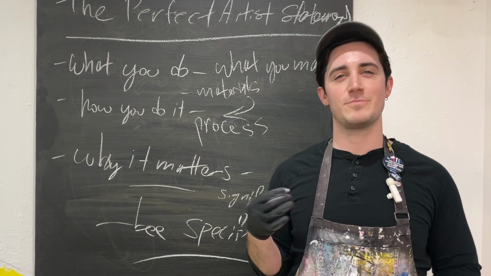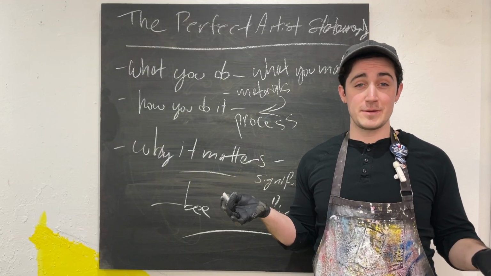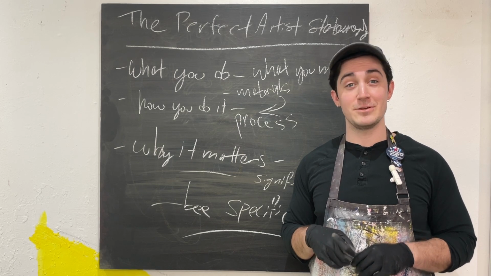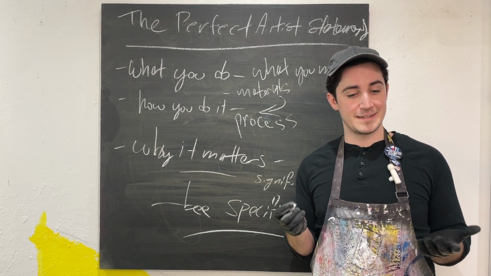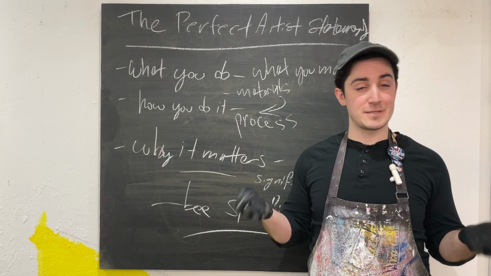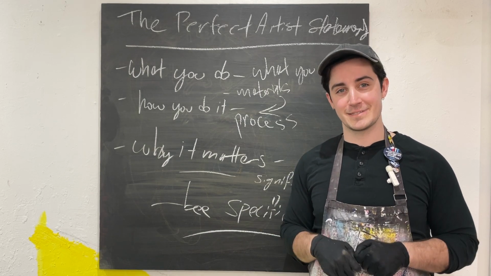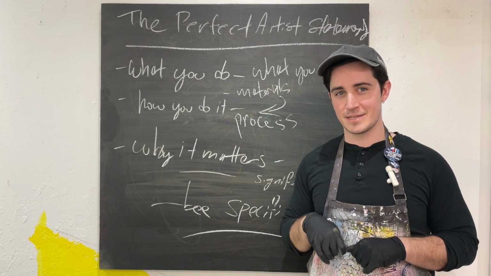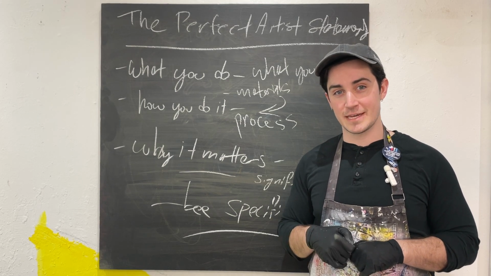Art is about self-expression. And while that may be true, it's not a very specific way to communicate the exact parts of your practice to your audience. So you want to stay away from vague or general or trite phrases. And you want to lean on specific things.